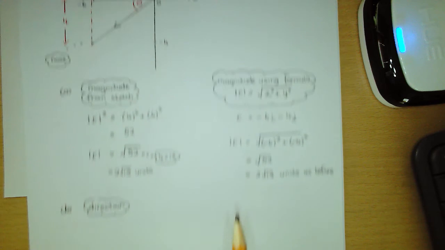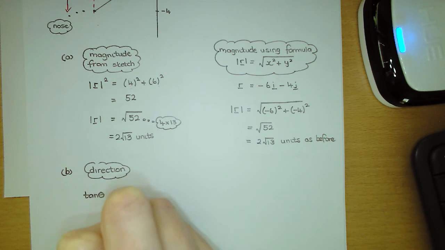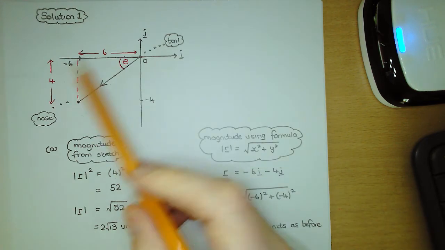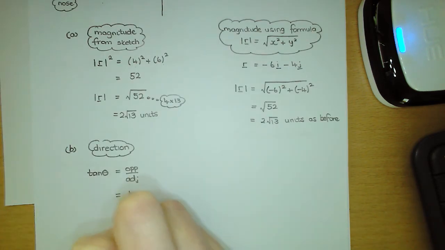So we're going to use the tan formula. So tan theta is equal to opposite over adjacent. And that's going to be equal to, so the opposite side is 4, the adjacent is 6. So that's 4 over 6. And then we're going to take the inverse tan of the other side.